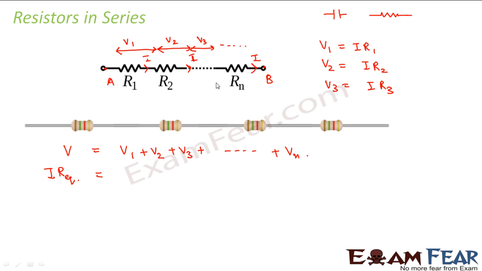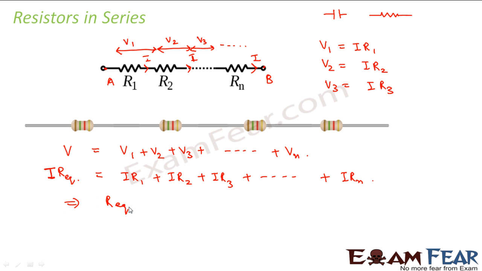If we forget that we have so many resistors, and replace them with one resistor, R equivalent, then the total potential difference across the circuit is equal to the current flowing through the circuit, that is I, into the equivalent resistance of the circuit. So this will be equal to IR1 plus IR2 plus IR3 and so on till IRn.